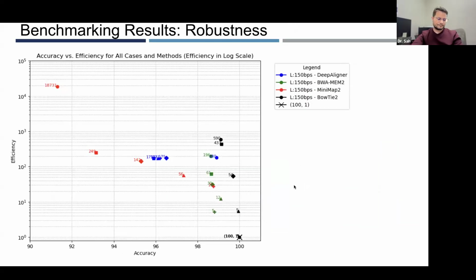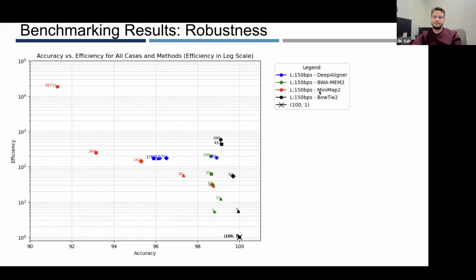This figure shows how robust my pipeline is while comparing with other renowned tools like Bowtie2, Minimap2, BWA-MEM2. These are different tools used for different lengths. For example, BWA-MEM is the most efficient tool for sequence alignment of short reads.